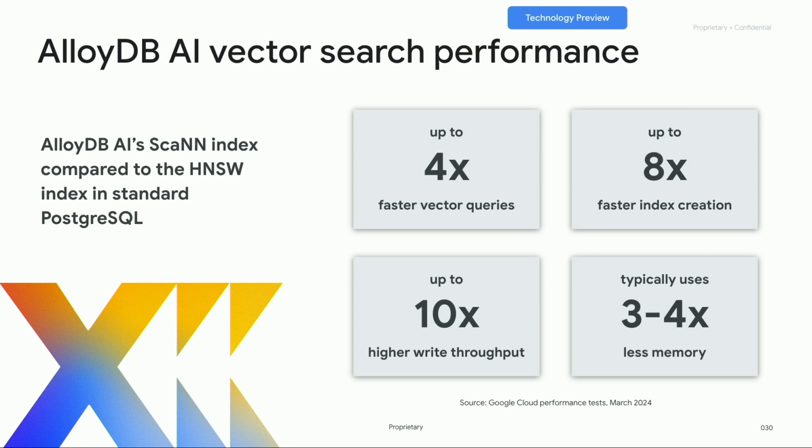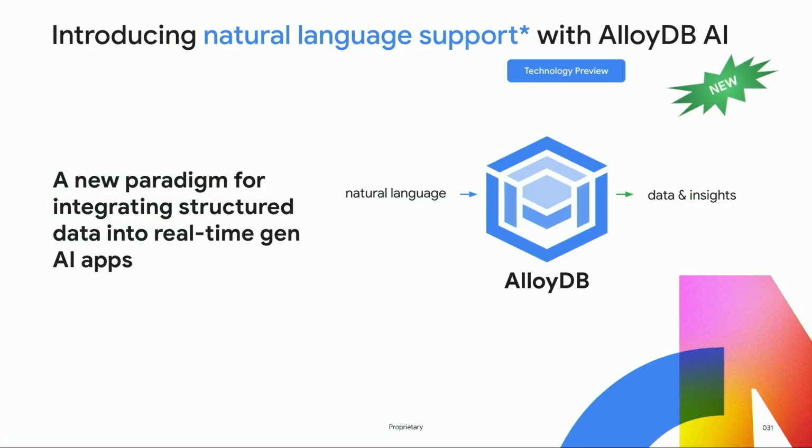When you run the ScaNN index, it provides up to 4 times faster vector queries, 8 times faster index creation, 10 times higher write throughput, and uses 3 to 4 times less memory. So ScaNN is practically the more recommended index for your vector operations.